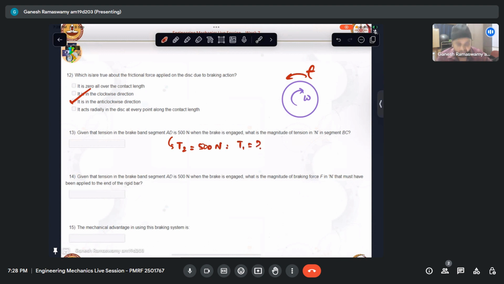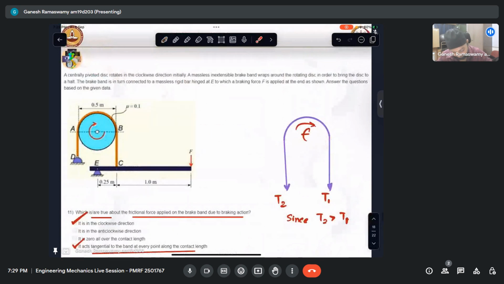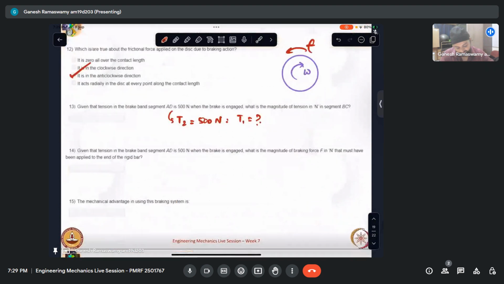And from the question we can see that it is wrapped around like that. So therefore theta is equal to pi radians. Theta is pi and mu is given to be 0.1. So therefore T2 by T1 is nothing but e power 0.1 pi.